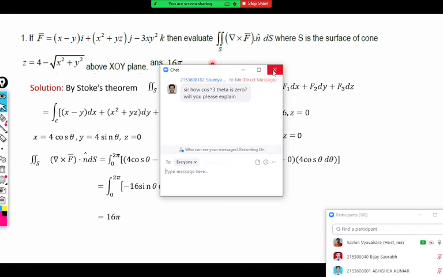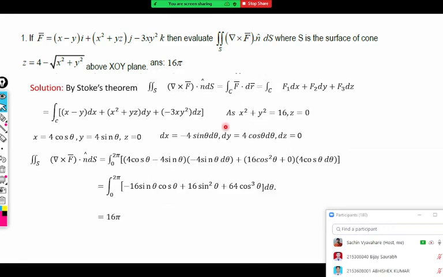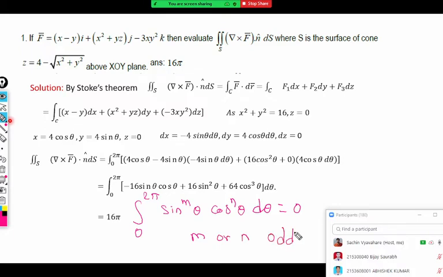How is cos cube theta 0? Please explain. Okay, we already discussed that in the last session. There is one property that I told in the last session, and that property is the integration from 0 to 2 pi of sine raised to m theta into cos raised to n theta d theta is 0 if m or n is odd.